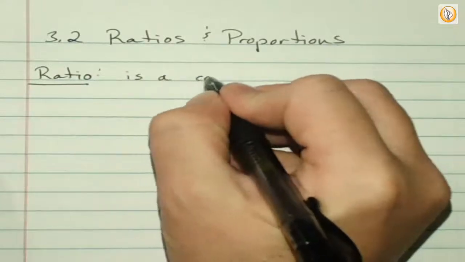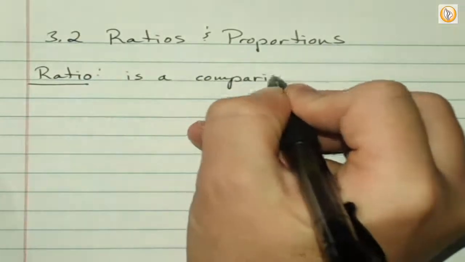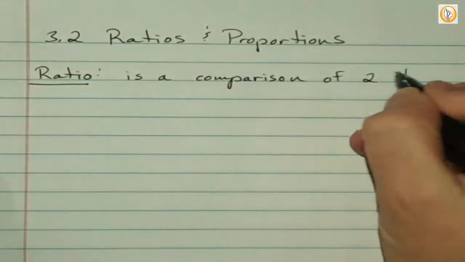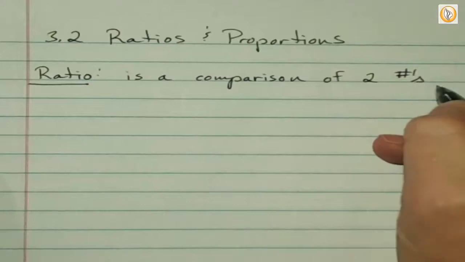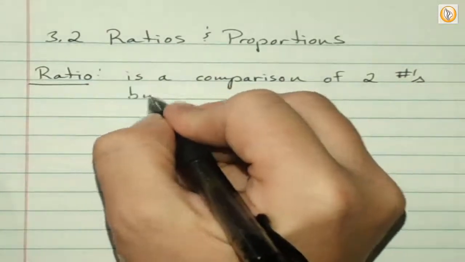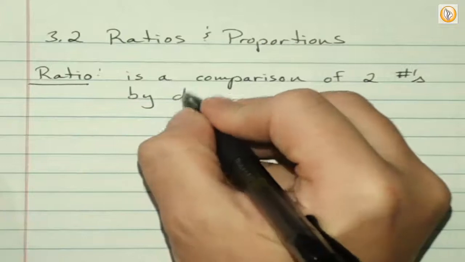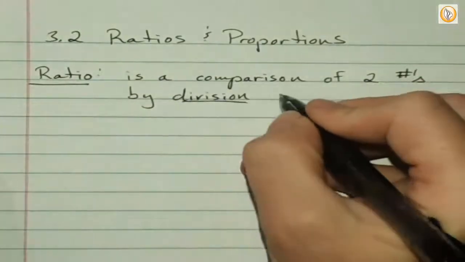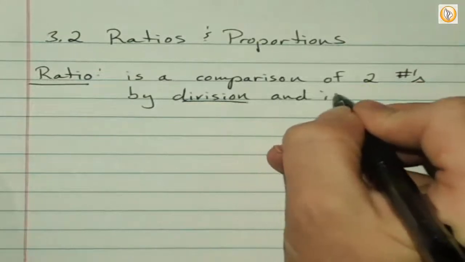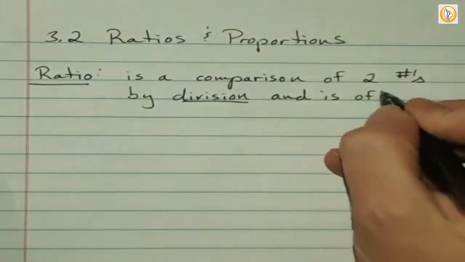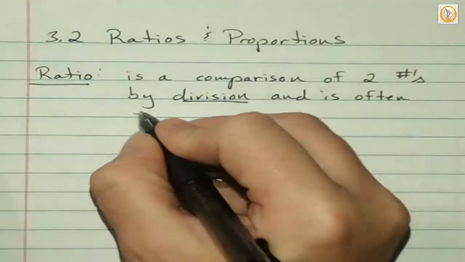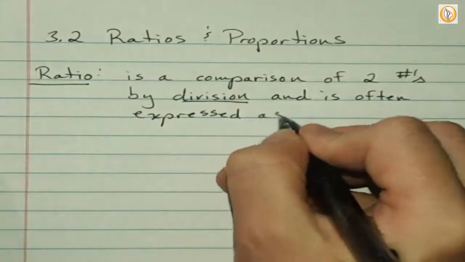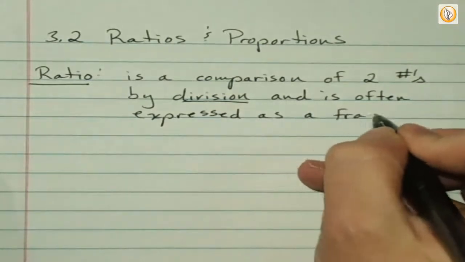Ratio is a comparison of two numbers by division and is often expressed as a fraction.